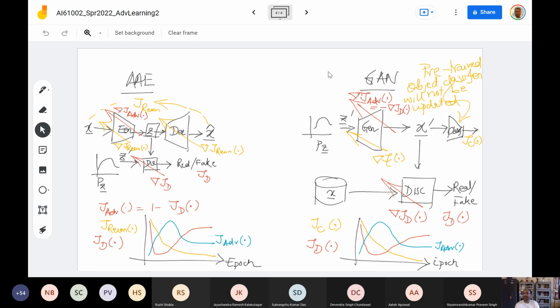Because your generator over there is initially in a random state. So I can put in random input, but it will not always generate horses. It has to learn to generate horses. The image of an object should look as if it is that object. Otherwise, the errors are anyway high.